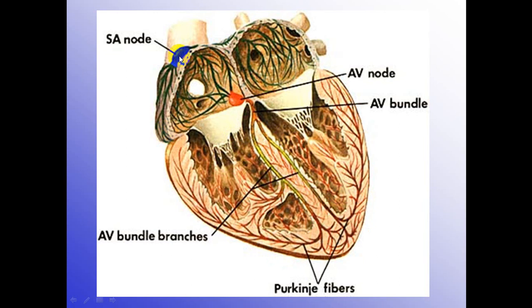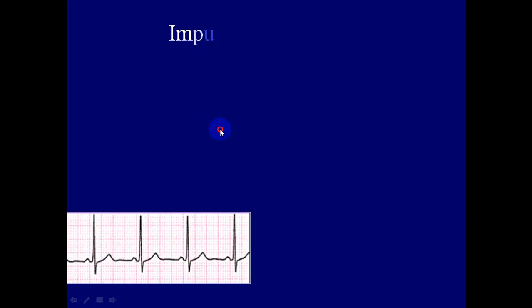The impulse starts in the SA node, which is called the dominant or natural pacemaker of the heart, because it discharges spontaneously since 8 weeks of intrauterine life. The impulse comes down to the AV node and down to the Purkinje fibers.